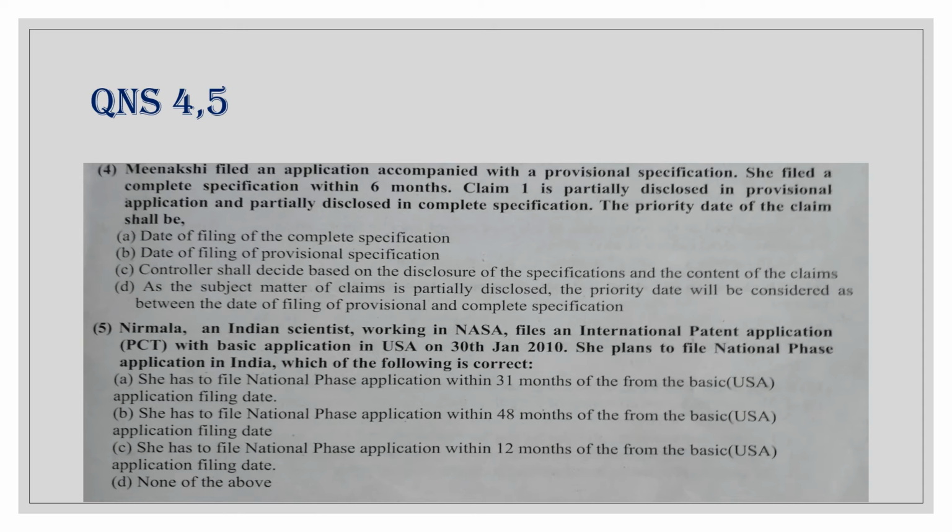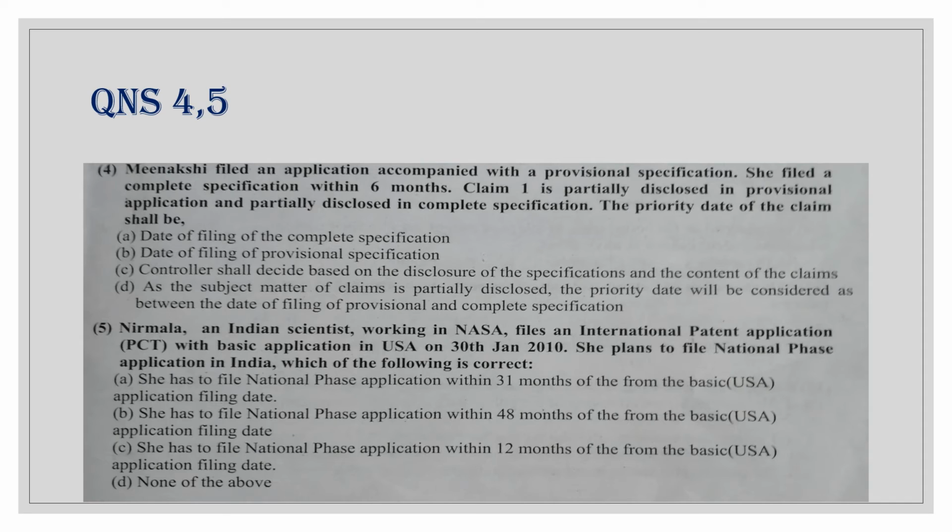We can say here the priority date of the claims shall be that of the complete specification only. Also friends, we know that normally the claims are present in the complete specification only. Fine. So by taking care of all these facts and reasons, the correct option will be option A. That is the date of filing of the complete specification.